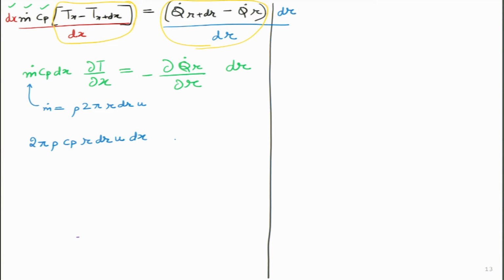It looks a little bit long, but I think it turns out to be very nice, and we have del T by del x. And on the right hand side we have minus del q dot r by del r into dr. Now, I can see that this dr can get cancelled with this dr over here. Okay. What else can I do? I can now try and expand this particular relationship.